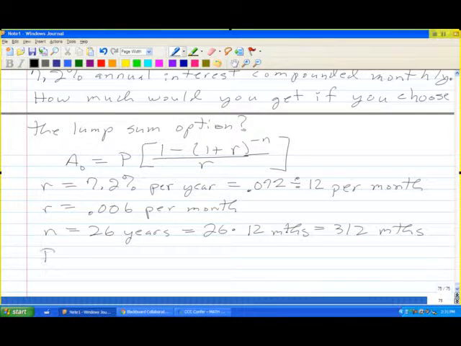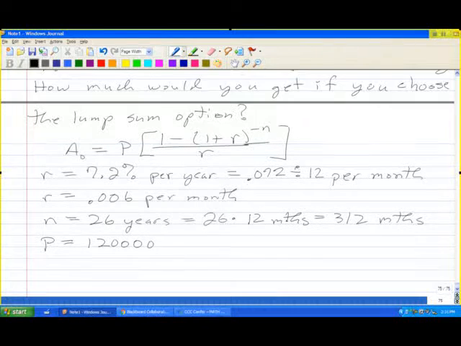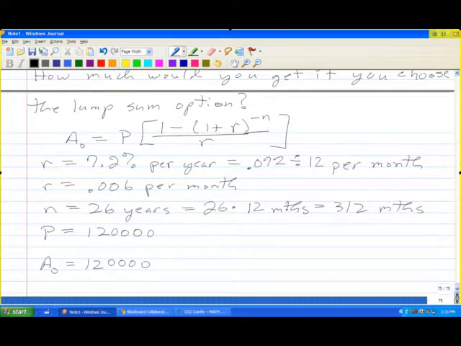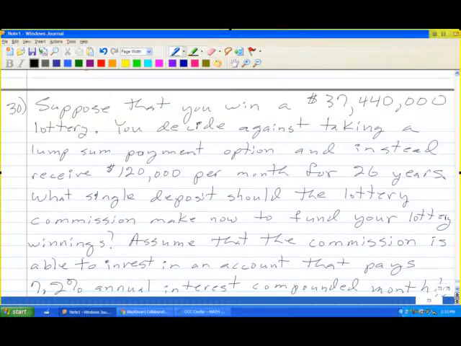And the amount of money that you would receive every month is $120,000. Okay, so you want to be able to withdraw $120,000 every month from this fund. And so let's see. So A sub 0 is 120,000 per month.